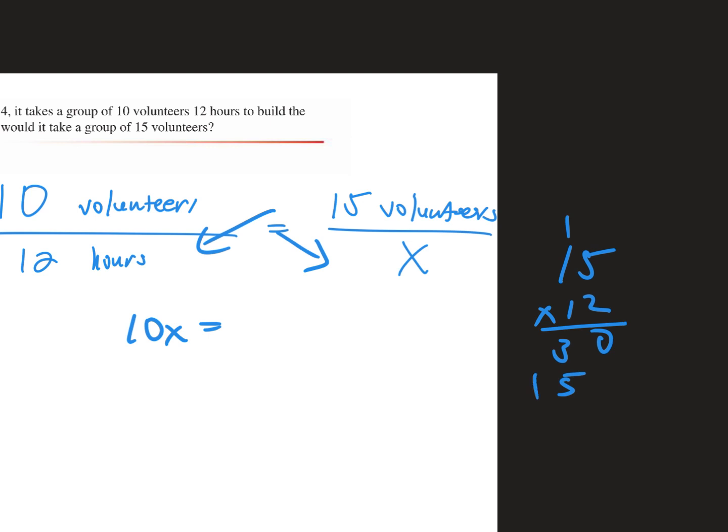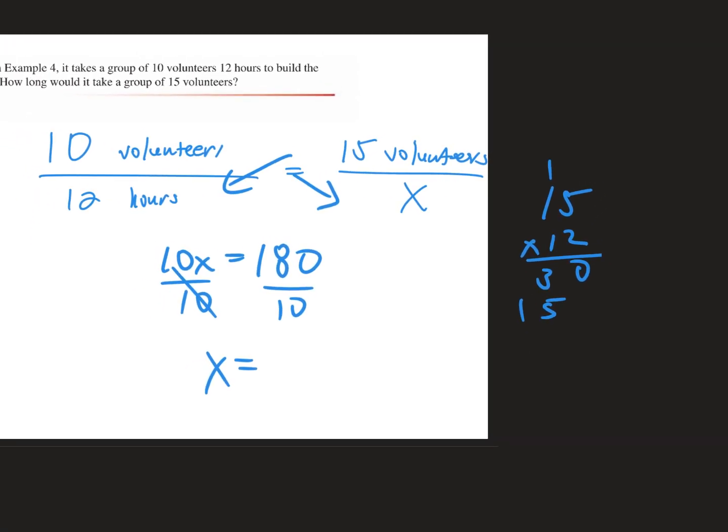Anybody? 180? Okay. So divide both sides by 10. How many hours, I'm sorry? 18 hours. Which I solved yesterday as I was going through my notes. That's why I said the answer at the very beginning.